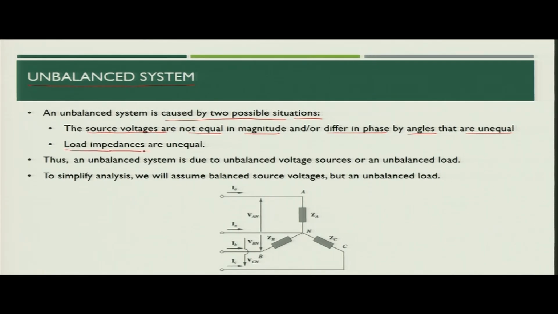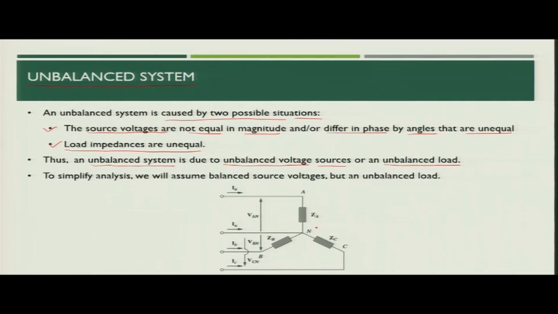The second case might be the case of unbalanced load, where the load impedances are unequal. So, these are the two possible conditions under which we say that the three-phase system is unbalanced. Therefore, we can say that an unbalanced system is due to unbalanced voltage sources or unbalanced load.